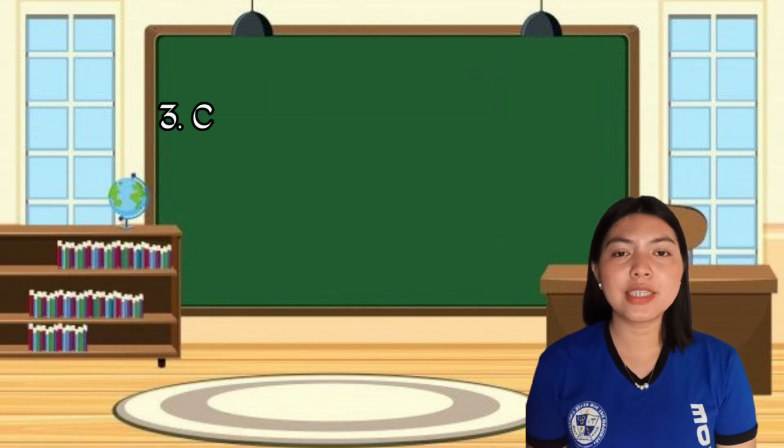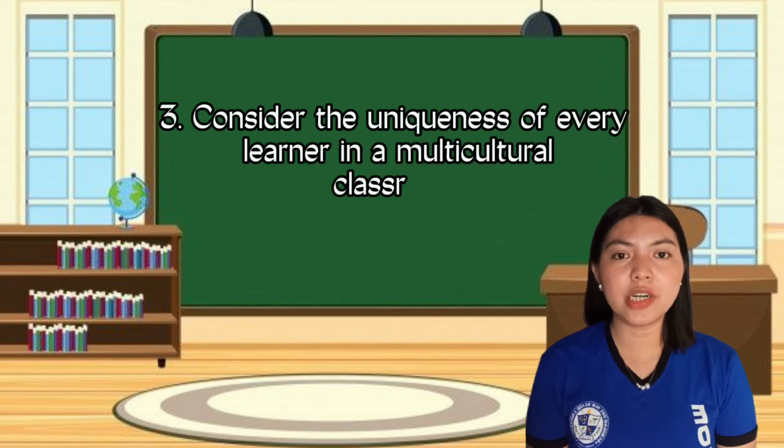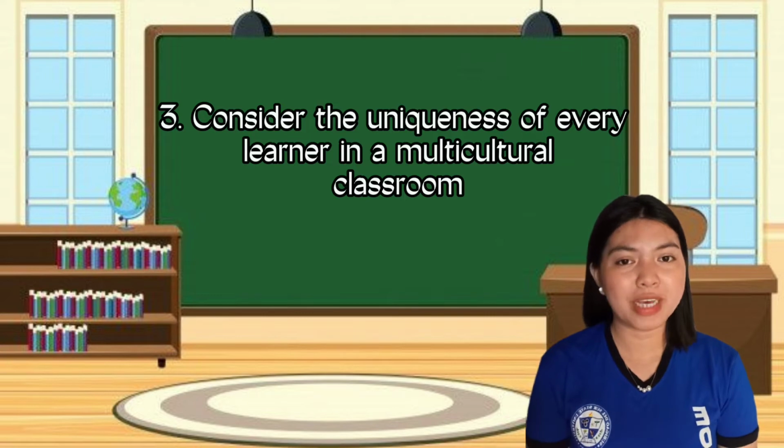Third, consider the uniqueness of every learner in a multicultural classroom. Speaking of multicultural classroom, as a teacher, we should consider every child's uniqueness because, as we all know, multicultural classroom doesn't only involve one culture, but a diverse one.